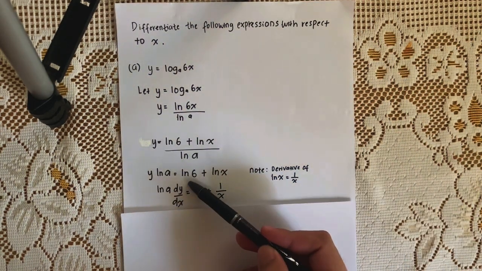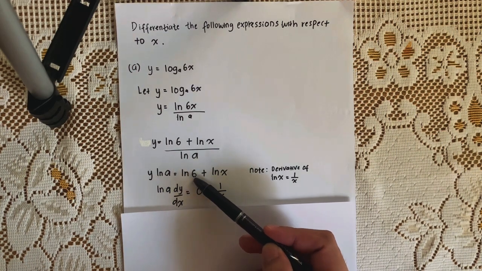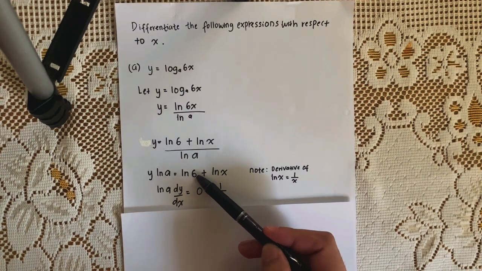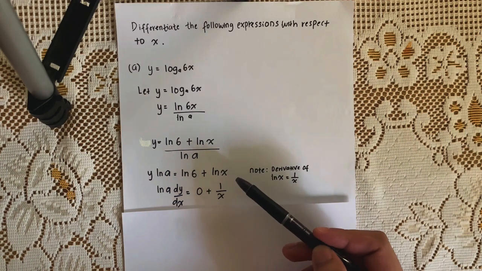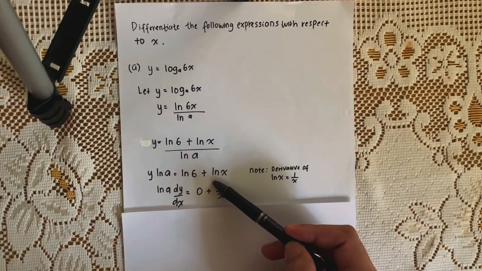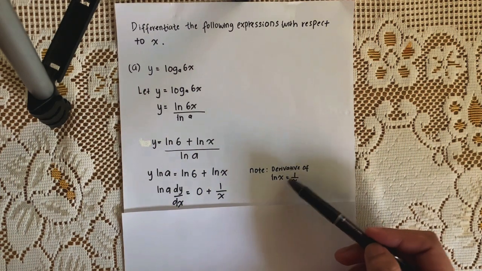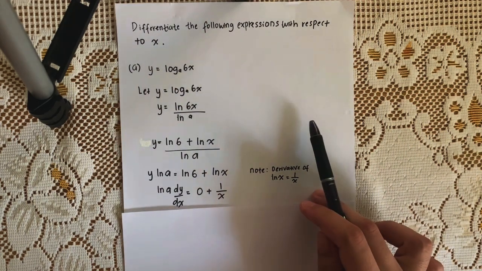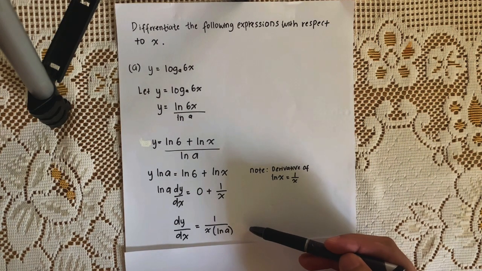When we differentiate natural log of 6 plus natural log of x, the natural log of 6 becomes 0 because it is a constant, while when we differentiate natural log of x, it becomes 1 over x. This is a note here: the derivative of natural log of x is equal to 1 over x. And then we rearrange it, we get the final answer, 1 over x natural log of a.